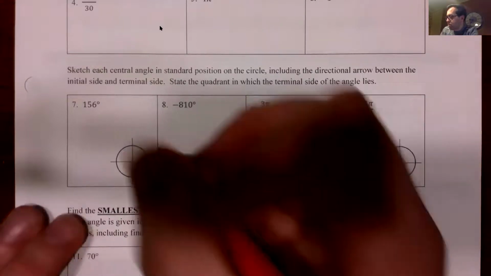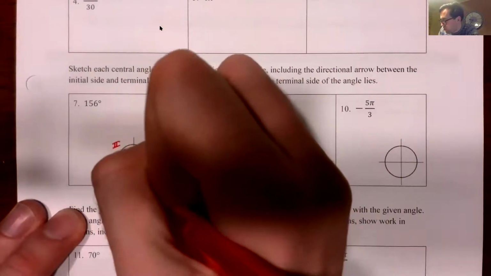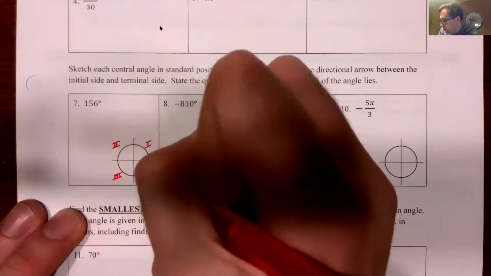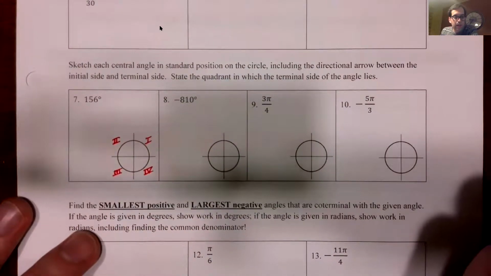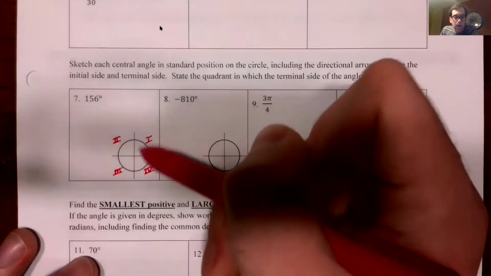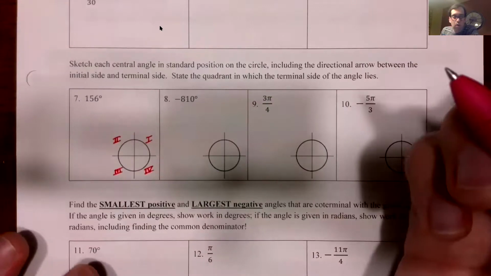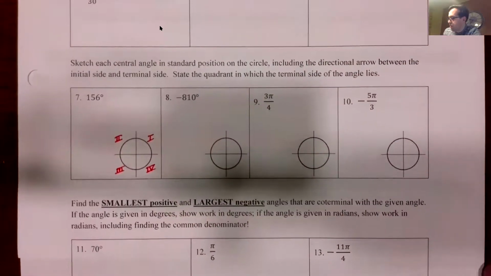And remember, quadrants go 1, 2, 3, 4. So figure out what quadrant you're in. If you're on the line, like if you're on the x or the y axis, you can just say no quadrant.